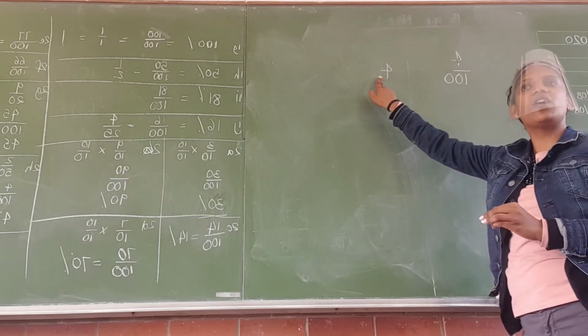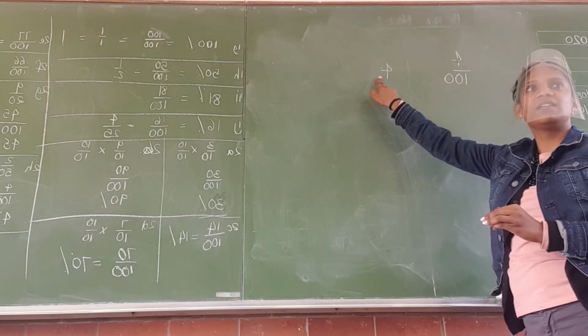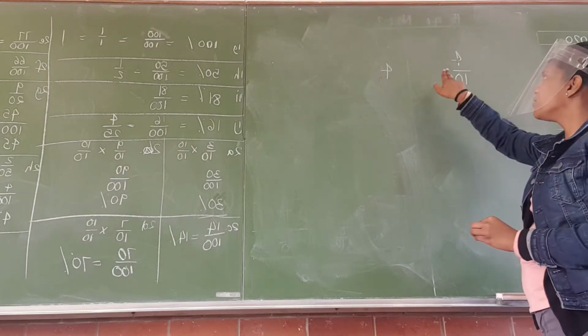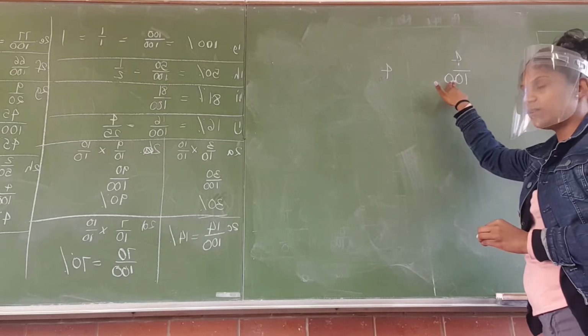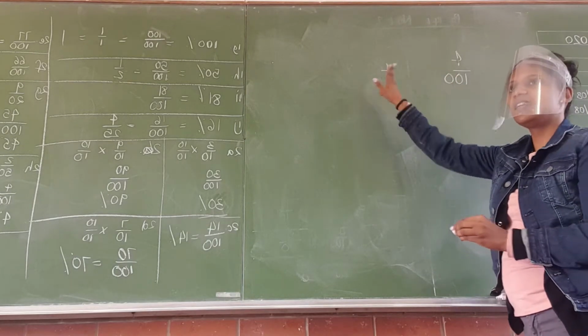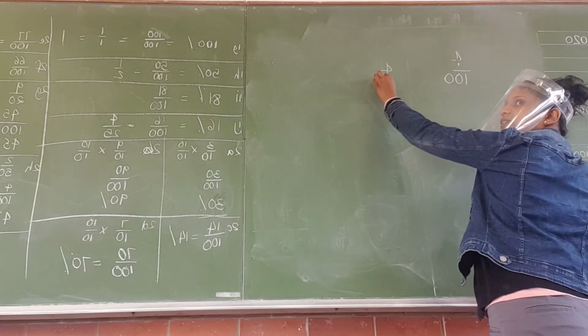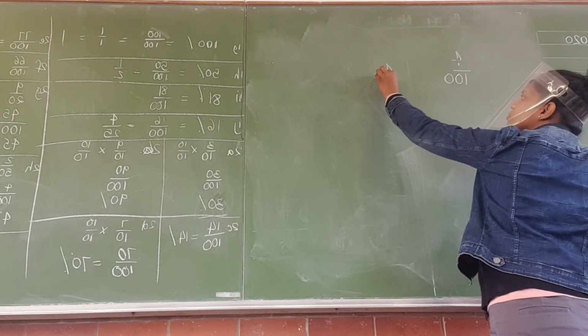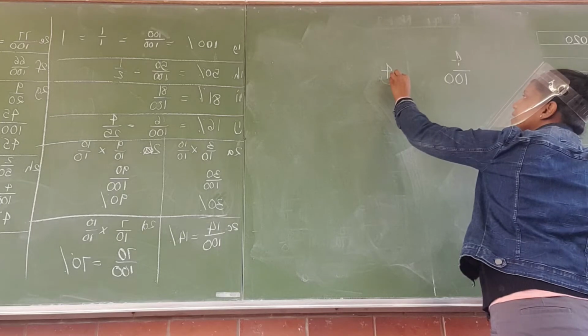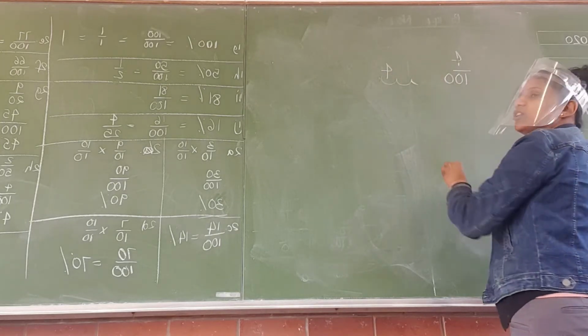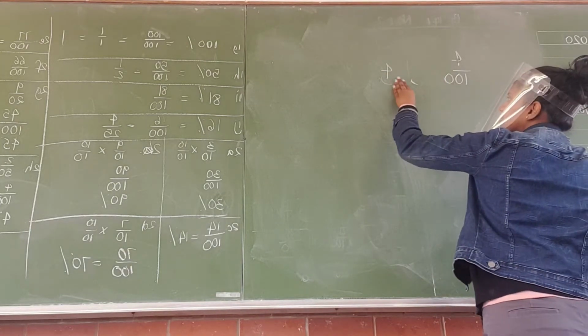I move my comma 2 spaces, because 100 has 2 zeros. You imagine my comma is here after my whole number, and I move it 2 spaces. So I go 1, 2, and I put a comma there.